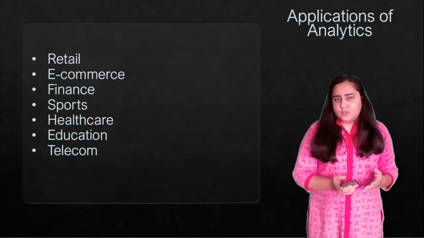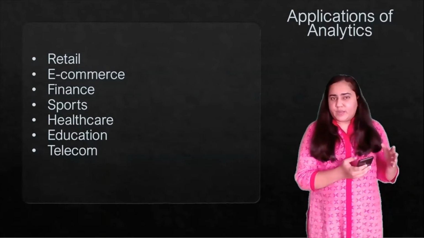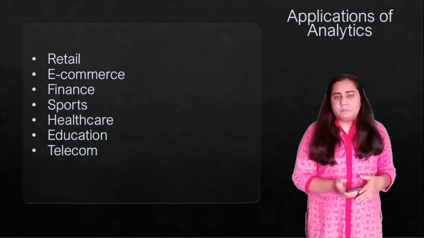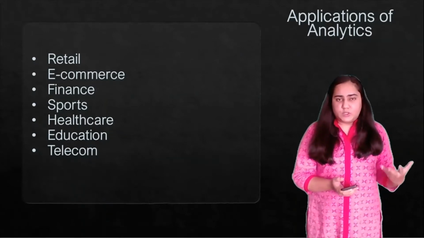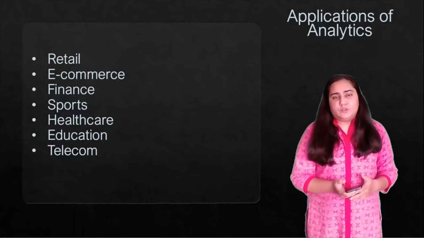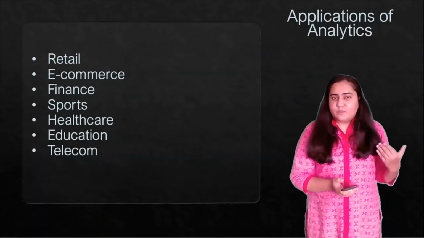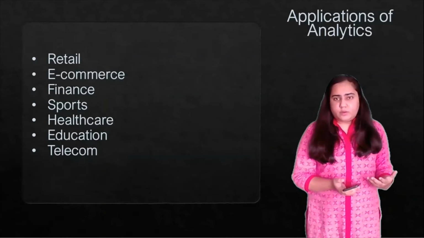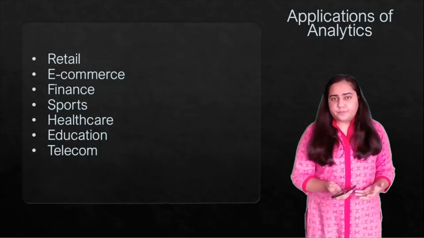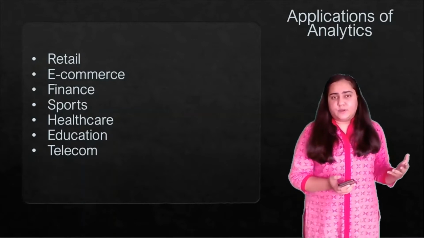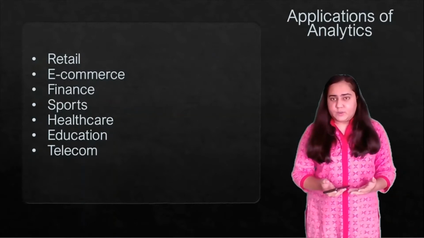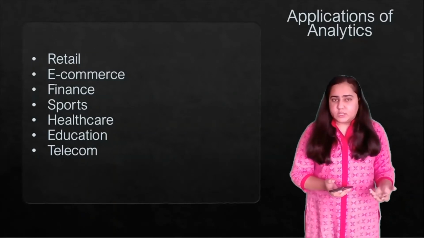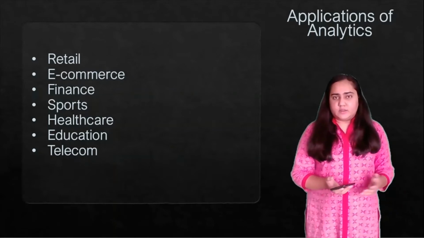So the ideal thing to do would be to place the bread section in your retail store next to the dairy section, where you are selling butter and cheese and all those things. So this would definitely entice people, even a person who probably is not thinking about buying butter after buying bread will probably think twice before leaving your store, because once he or she has bought bread, they can see just right next to it that there's butter, there's cheese. So maybe they didn't realize initially that they wanted it, but now that they see it, they realize it.